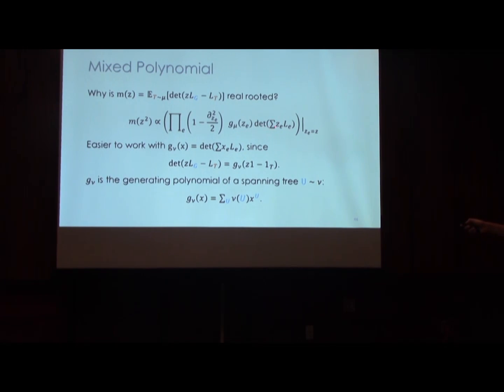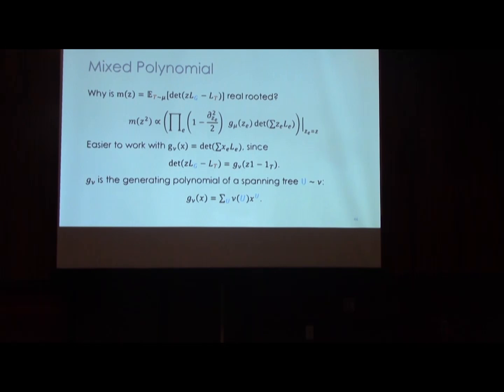So I've already said that this determinant is also a generating polynomial of the spanning tree distribution, right? So this is the spanning tree distribution where you pick a uniformly random spanning tree from your graph. This mu was a lambda uniform spanning tree, which could also not pick some of the edges.